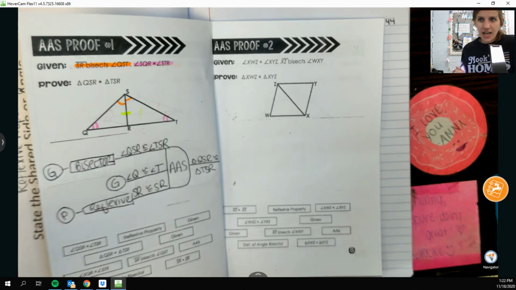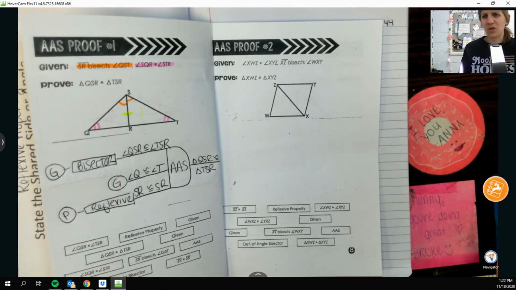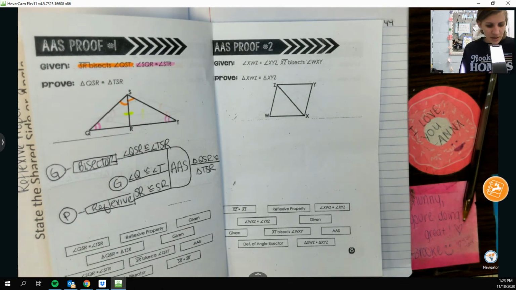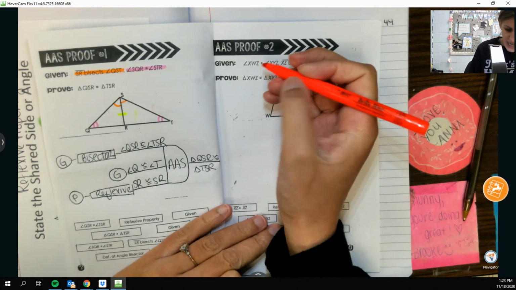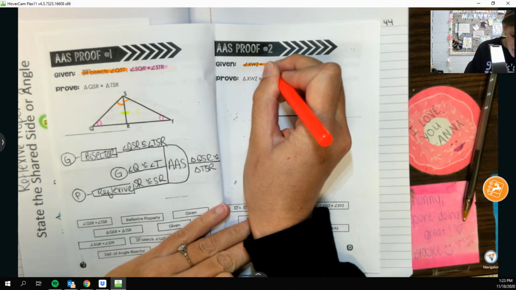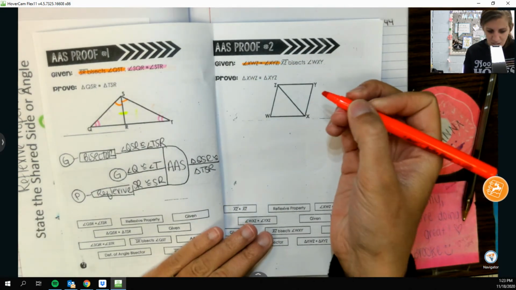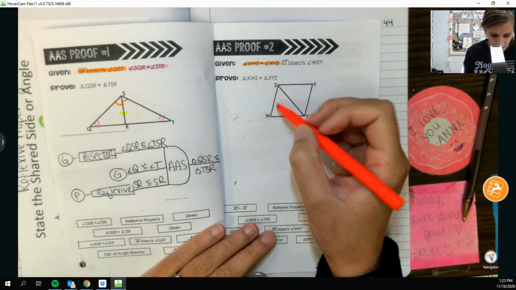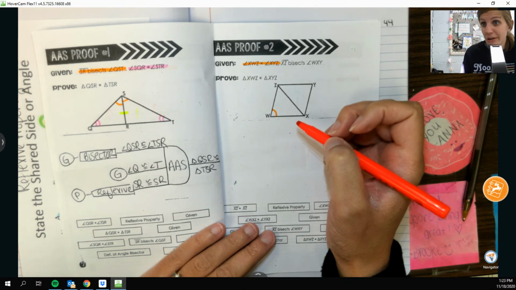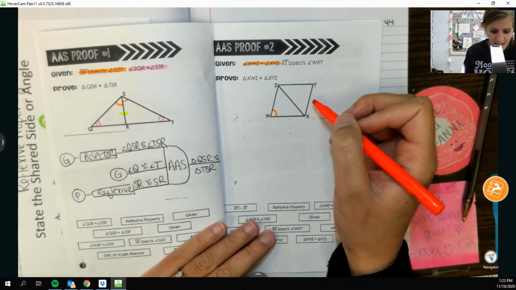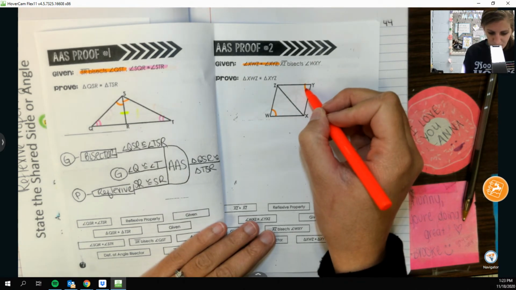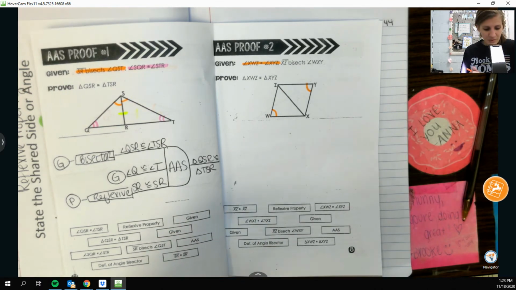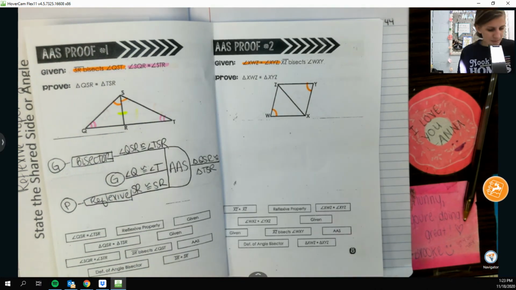Last one. You got this. Hopefully you feel so good about proofs. Okay. It is given to me that angle XWZ is congruent to angle XYZ. I could have just called that W, and then XYZ, I could have just called that Y. Those are congruent.